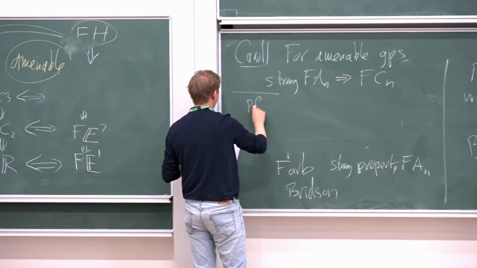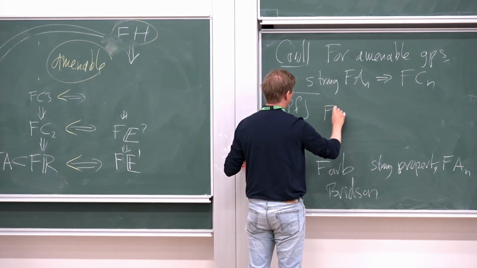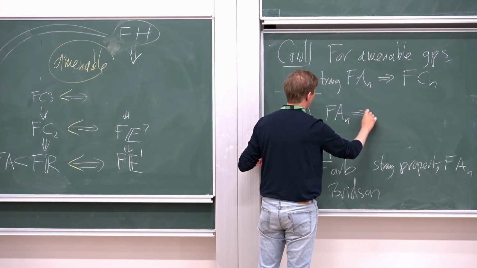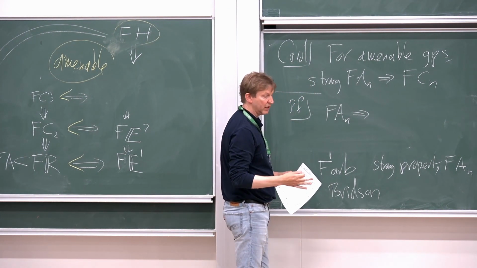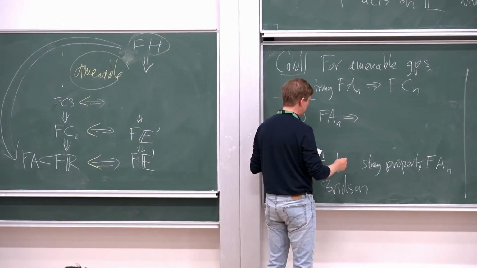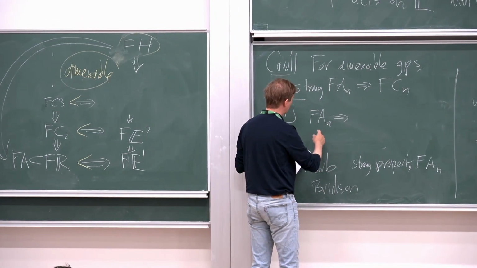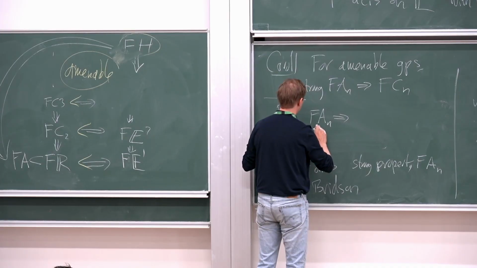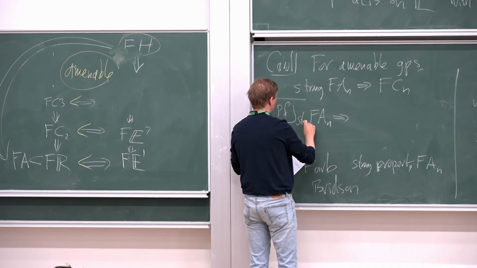And the proof is then, okay, FAN, because a Euclidean space has only semi-simple isometries, so yes, strong FN implies.